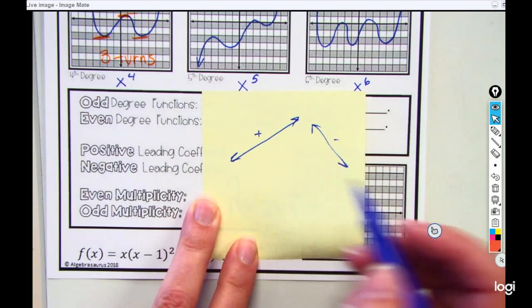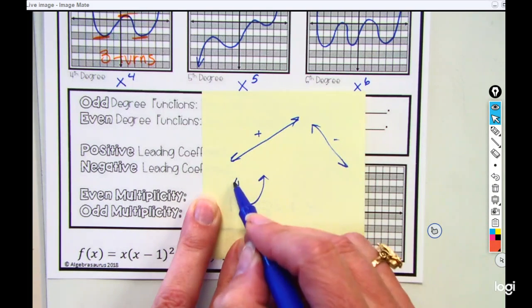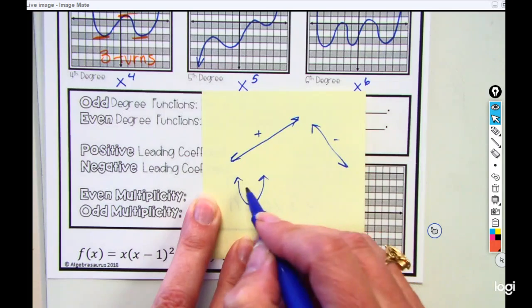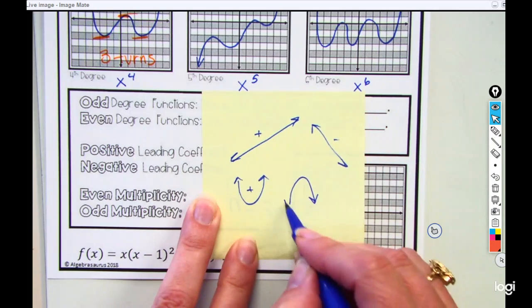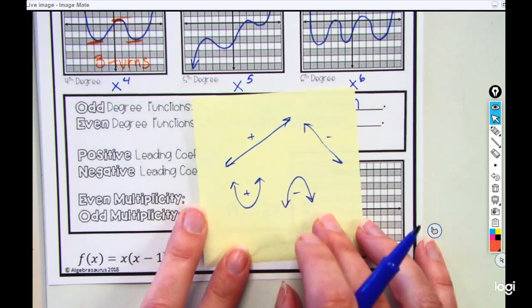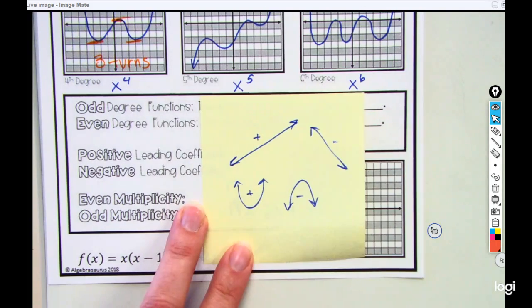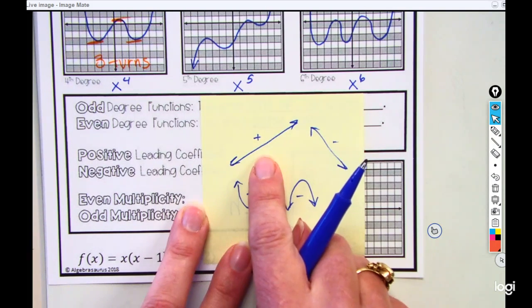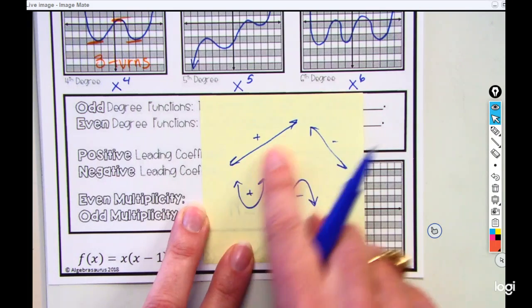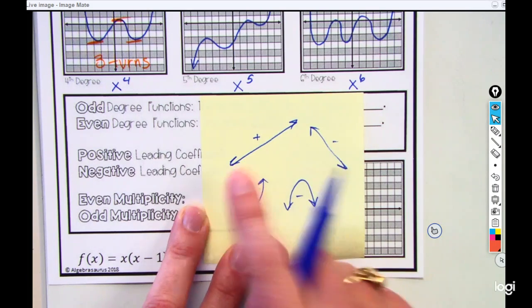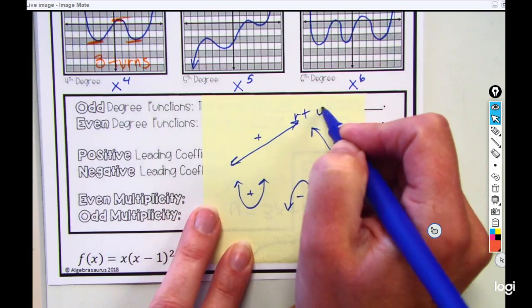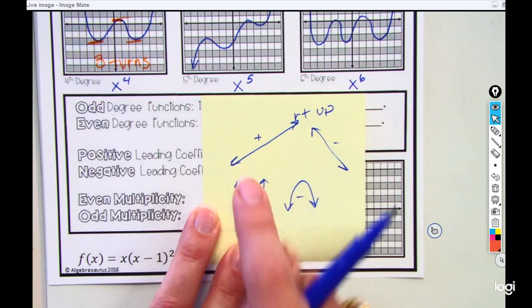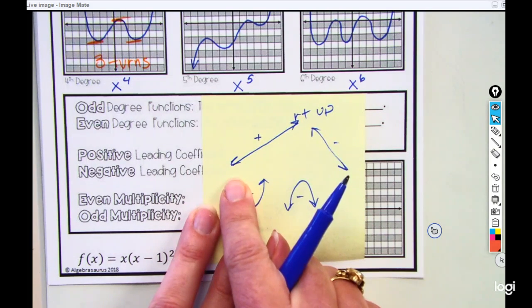Parabola, because we're good at parabolas. Is that one positive or negative? Positive. And this one is negative. So we're going to apply what we know to the new stuff. What arm is in the air for a positive one when it's degree 1 here? Right is up, left is down, right?